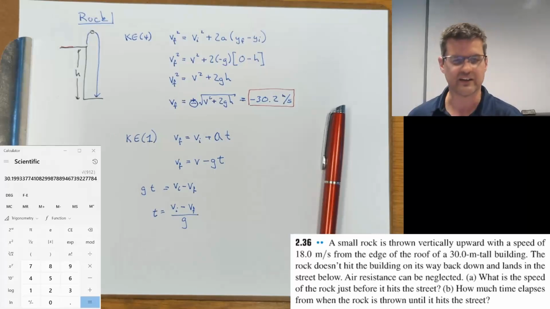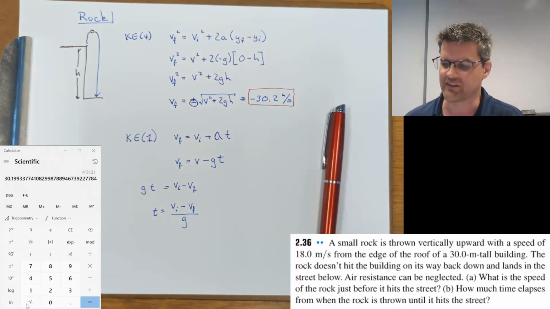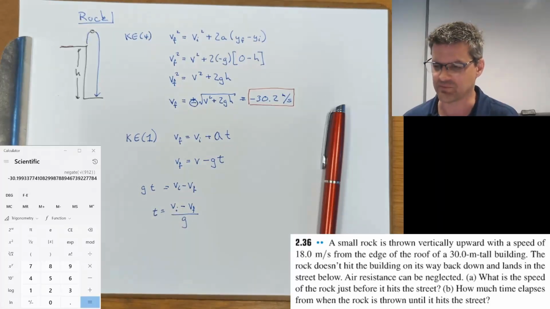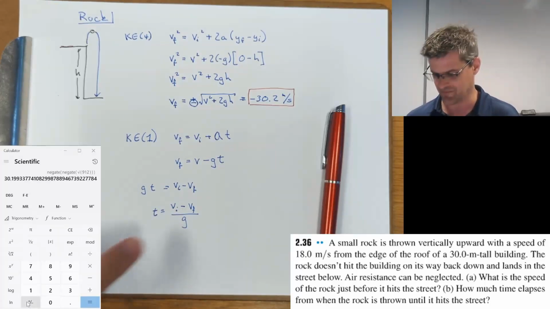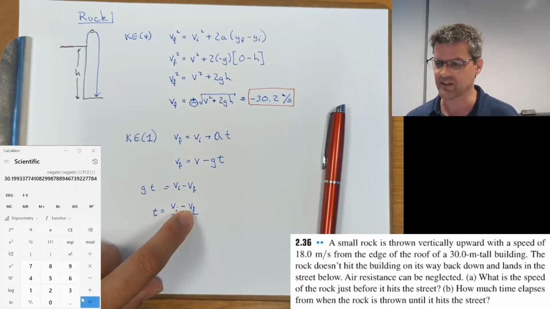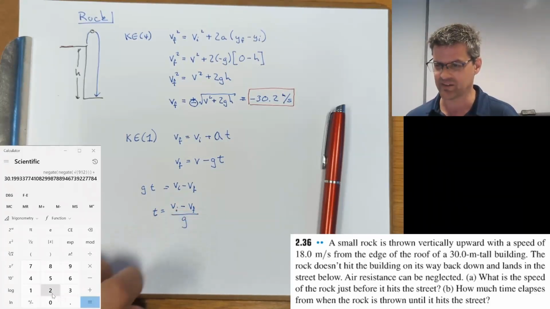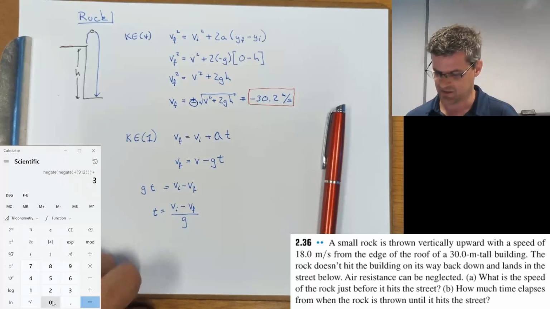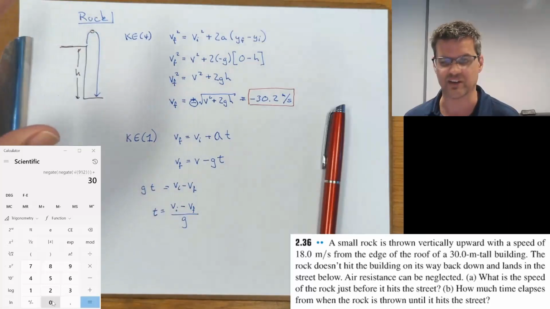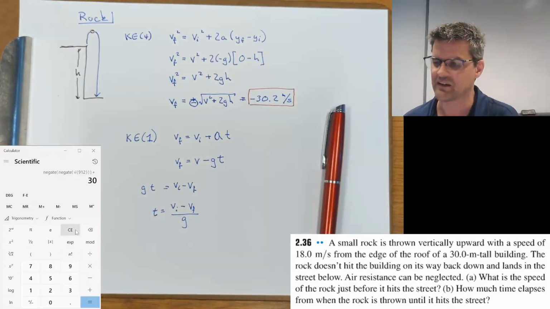We've just calculated the final velocity. I'm going to put the correct sign with that. So this is v final negative. I need to make it negative again. V final was negative, minus a negative is positive, plus 30, plus our initial velocity was 18. There we go.